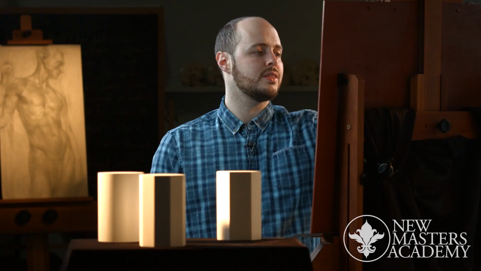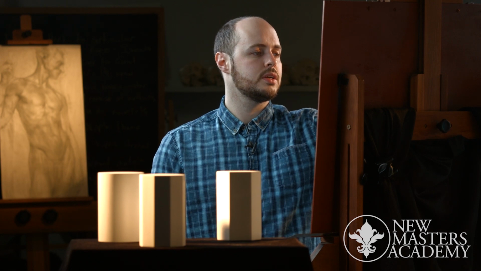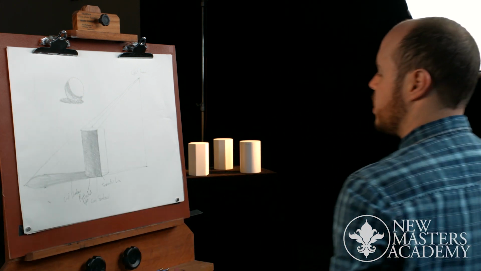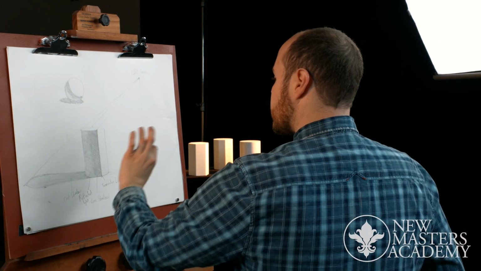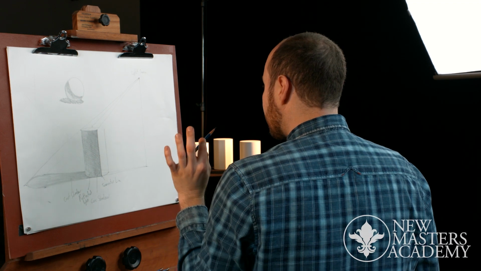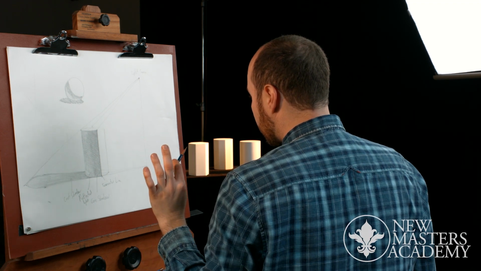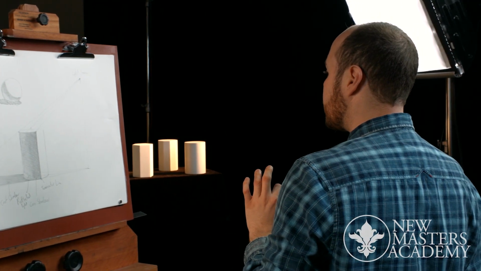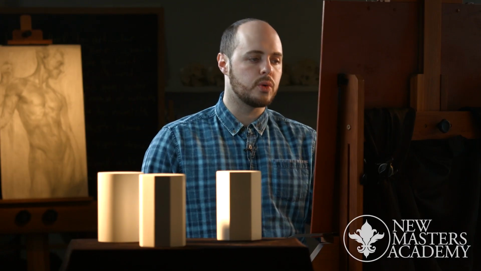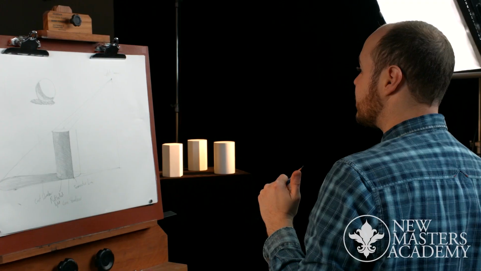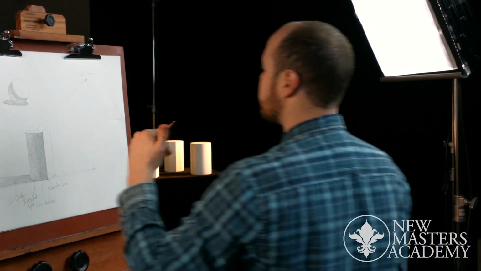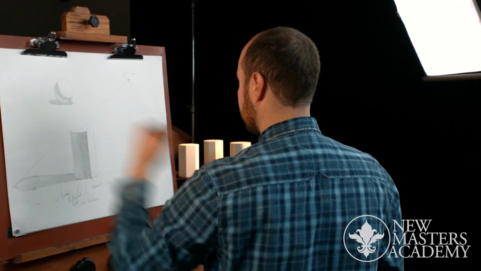So you have a lighter area in between a darker area. And there are elements here that will become clearer when we start talking about halftones, which are the lightness or darkness of the tones that are not in shadow.